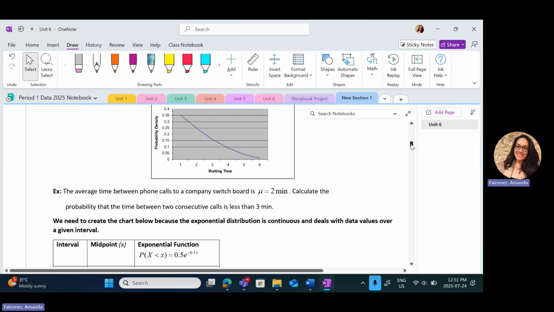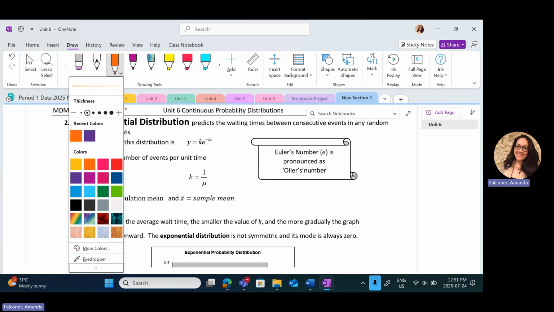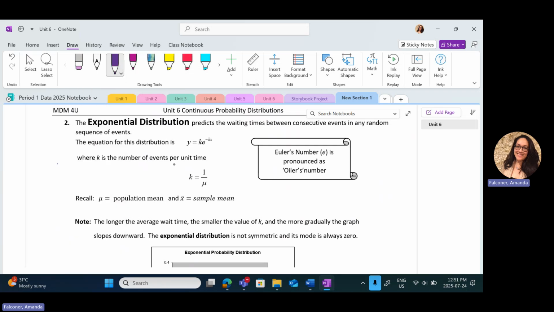The next one that we're going to look at, and the last one for this lesson, is the exponential distribution. This one is going to use formulas again. So we've got the exponential distribution when it comes to continuous data sets. They're used to predict waiting times between consecutive events in any random sequence of events. The equation is this.